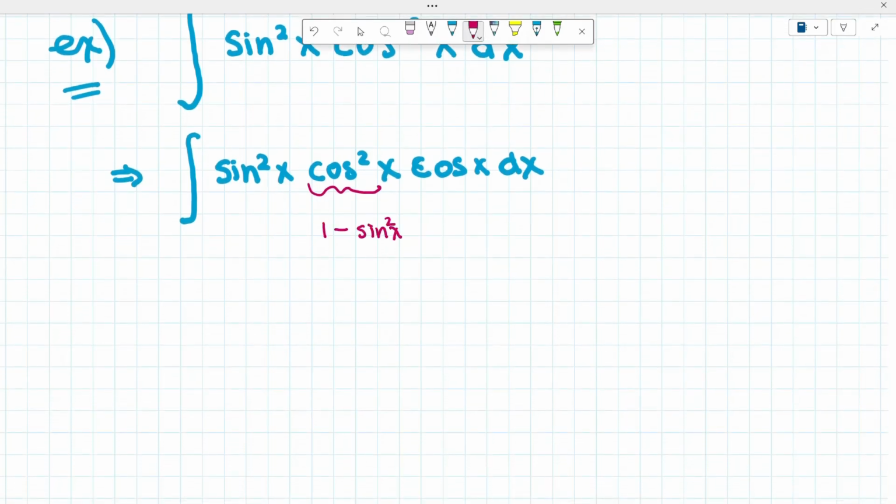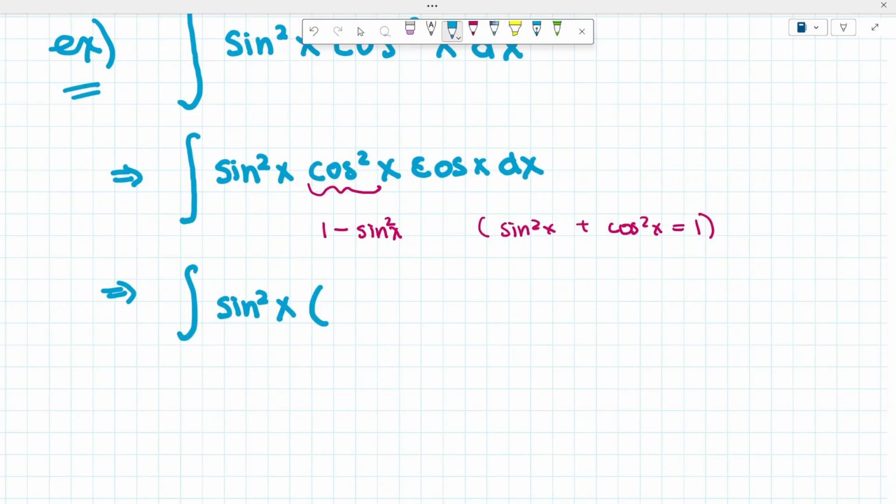And this is part of the Pythagorean identity, where we have sin² x plus cos² x equals 1. So we can simply rewrite this as 1 minus sin² x equals cos² x. So after doing that, we get the integral of sin² x multiplied by 1 minus sin² x multiplied by cos x dx.